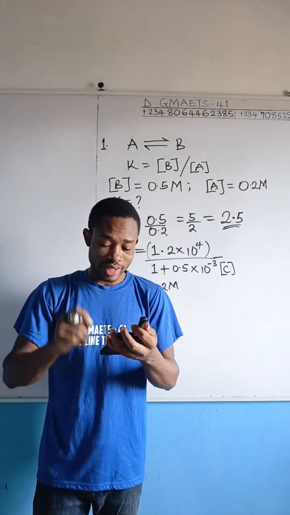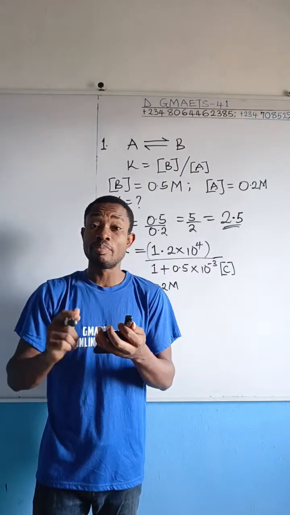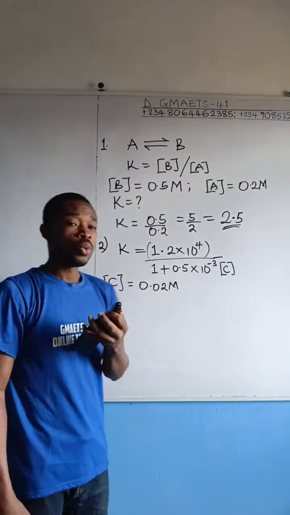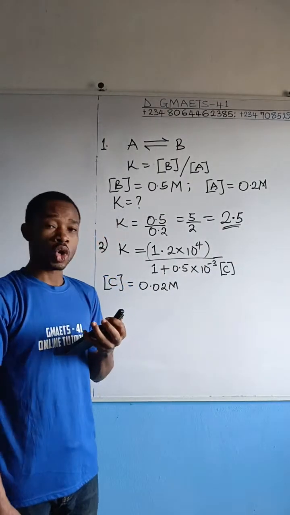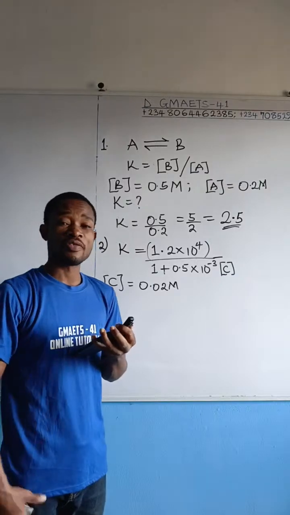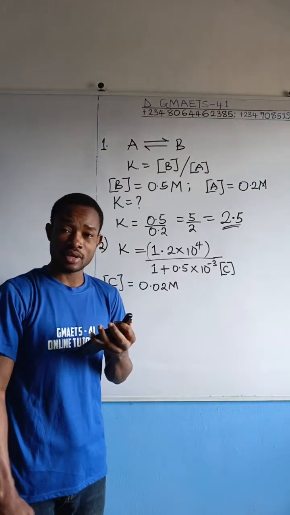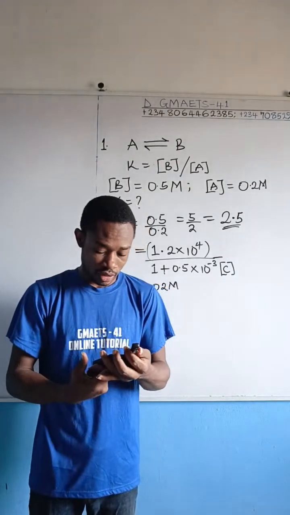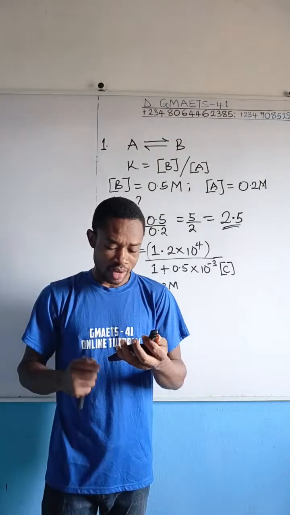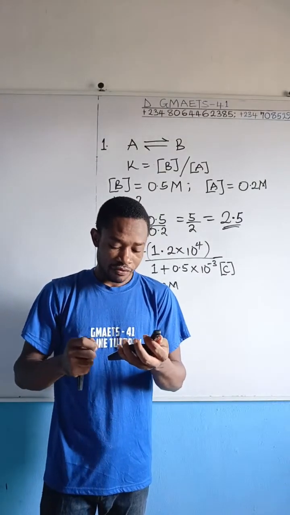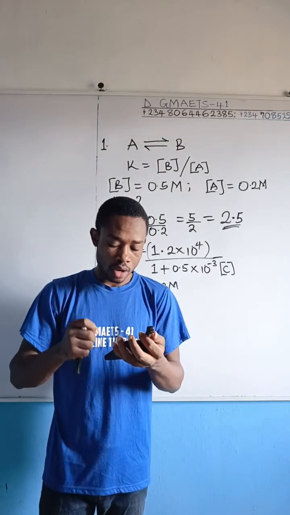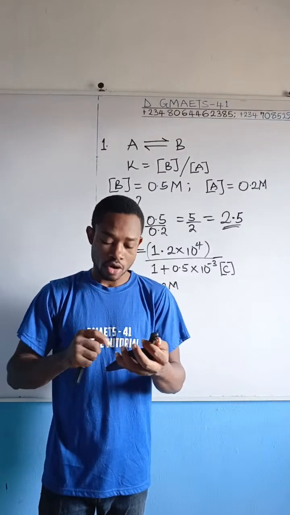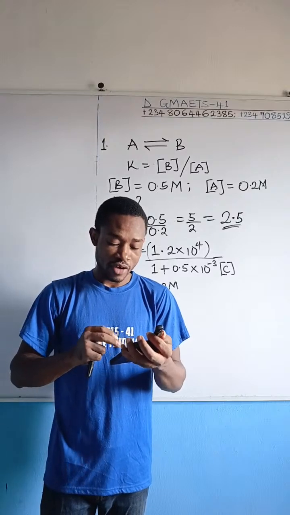The equilibrium constant K for a reaction is given by what we have on the board here. That is K equal to 1.2 times 10 to the power of 4 all over 1 plus 0.5 times 10 to the power of minus 3, and then times concentration of C. If concentration of C equals 0.02 molar, what is the value of K?